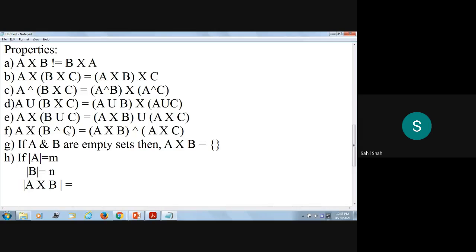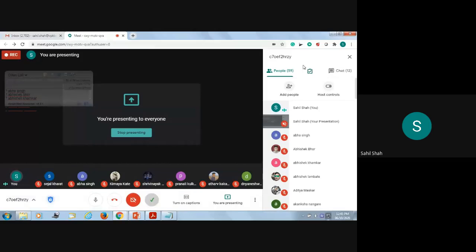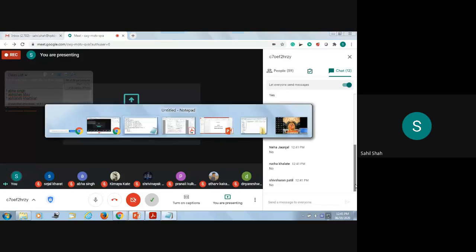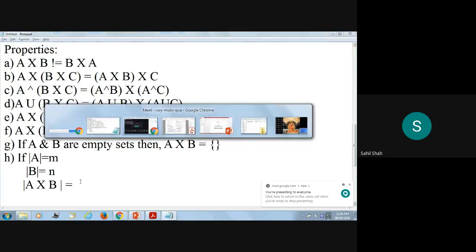Can you tell me quickly what is the cardinality of A cross B? If you are following the lecture, you should be able to tell the answer. So there are two sets A and B, wherein cardinality of A is m, cardinality of B is n. What will be the cardinality of A cross B? That is the question.